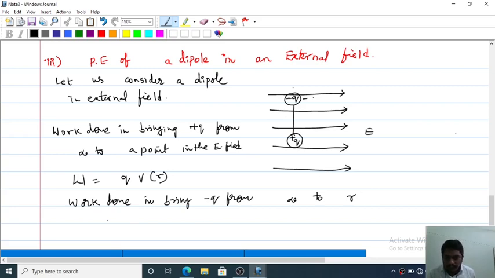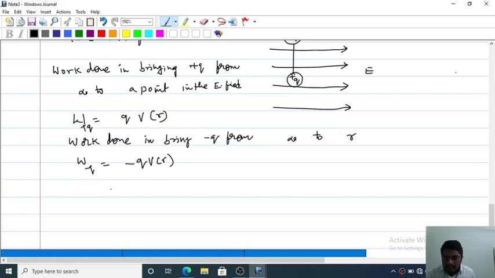Therefore, this is the work done bringing plus q; work done in bringing minus q is equal to minus q into V(R). Therefore total work done W = W(+q) + W(-q).